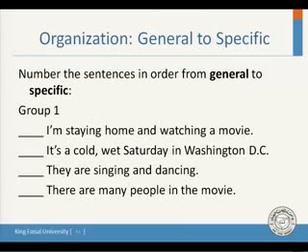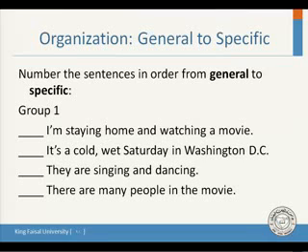We have 4 sentences, and I want you to number them in order, from general to specific. The sentences are, look at the sentences. I'm staying home and watching a movie. It's a cold, wet Saturday in Washington, D.C. They are singing and dancing.